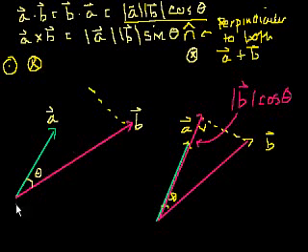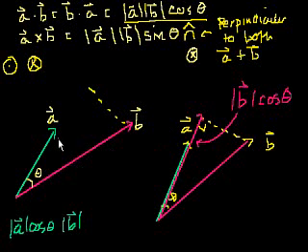You could view the dot product, as I did in the dot product video, as A cosine of theta times B, right? Because these are all scalar quantities, it doesn't matter what order you take the multiplication in. And A cosine theta is the magnitude of the A vector that's going in the same direction as B, or the projection of A onto B. So this vector right here is the magnitude of A cosine theta.